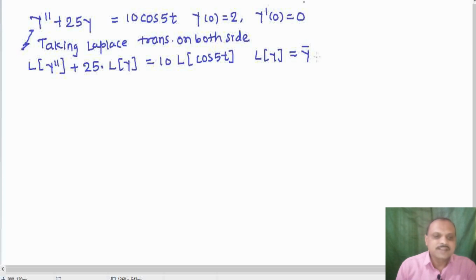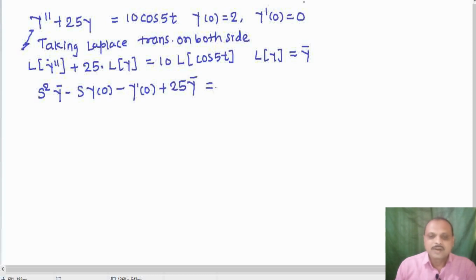Then it is a second derivative, and therefore this will be s square y bar minus s into y at 0 minus y dash at 0 plus 25 y bar equal to 10 into the Laplace transform of cos 5t, which is s divided by s square plus 25.